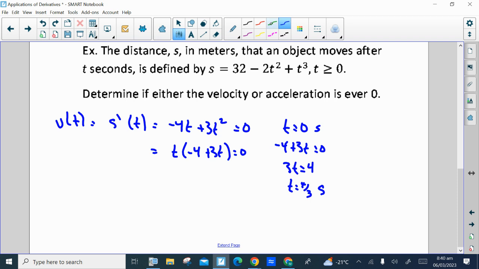But then we want to know if the acceleration is ever equal to 0. So our acceleration a at t will be the derivative of the velocity function, which will be negative 4 plus 6t. And we want to know where that equals 0.